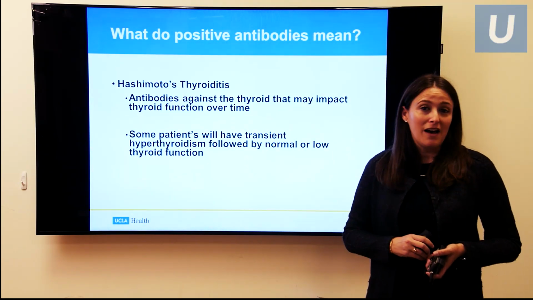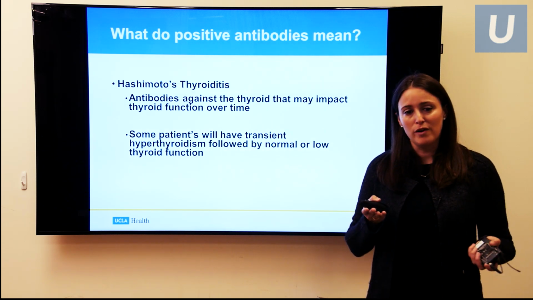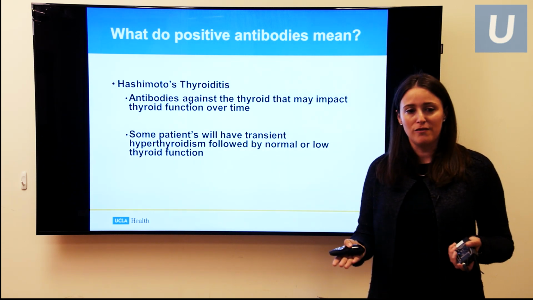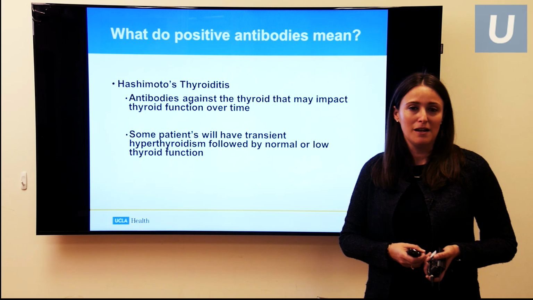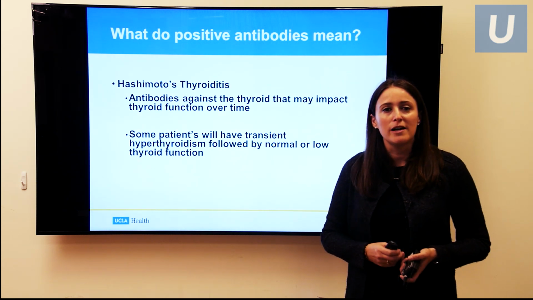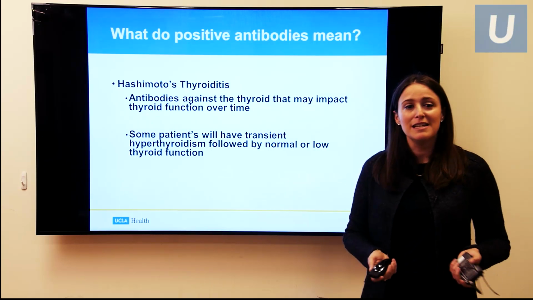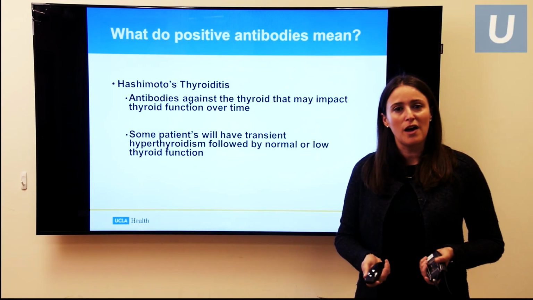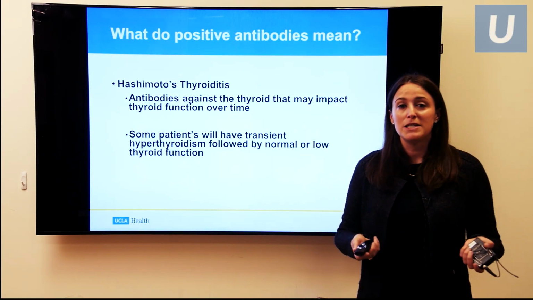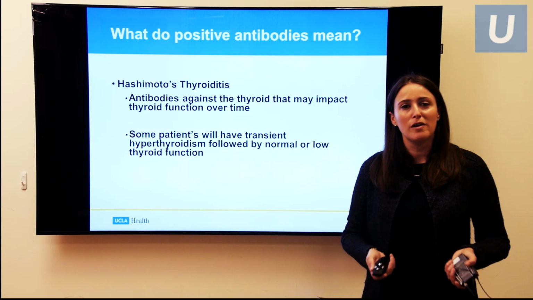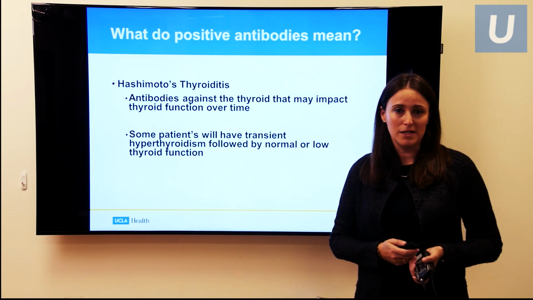Some patients might even have a little short-term hyperthyroidism, followed by either normal thyroid function or low thyroid function. But the important thing to remember is that the number of people with Hashimoto's antibodies far exceeds the number of people who actually have low thyroid function. So even if you've been diagnosed with antibodies, your thyroid may still continue to function normally.